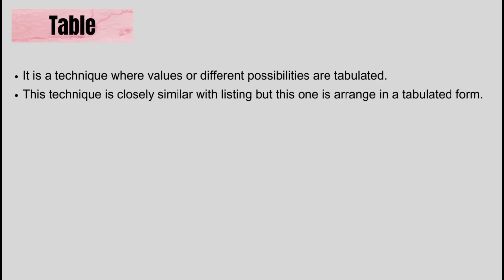Using or making a table is a technique where values or different possibilities are tabulated. This technique is closely similar with listing method, but this one is arranged in a tabulated form. For this method, you need to create a table with each column representing a category of the objects.